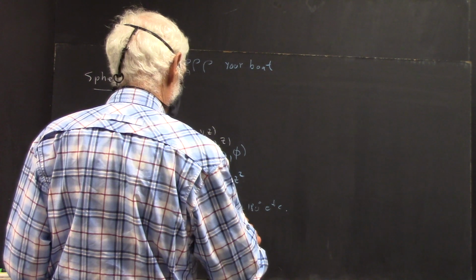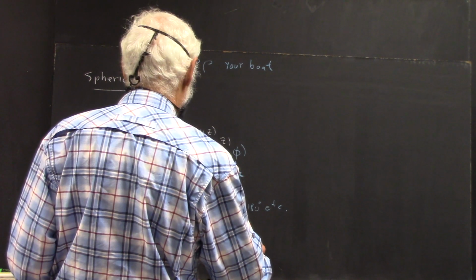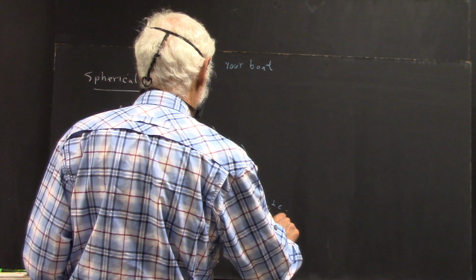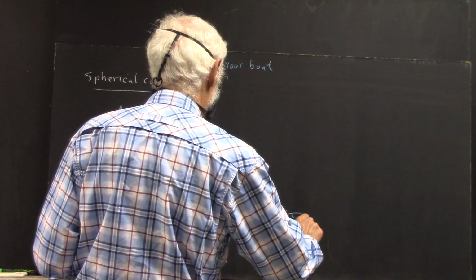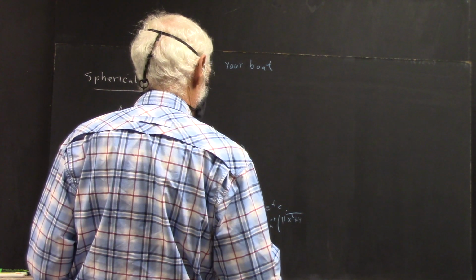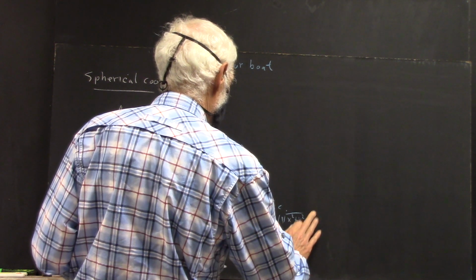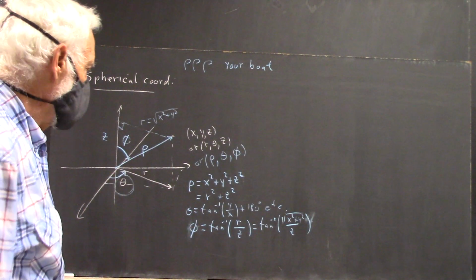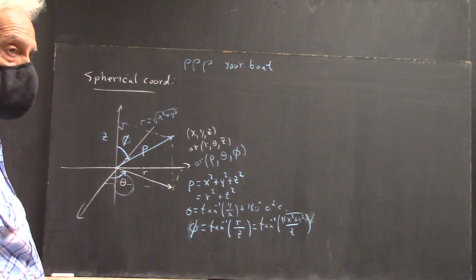So that would be r over z, inverse tangent of the square root of x squared plus y squared over z. Okay?